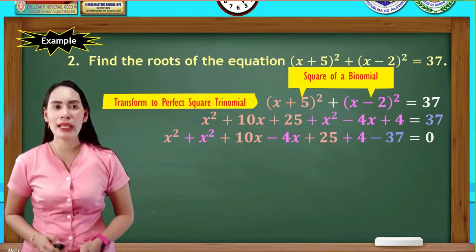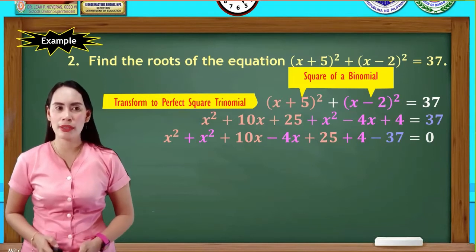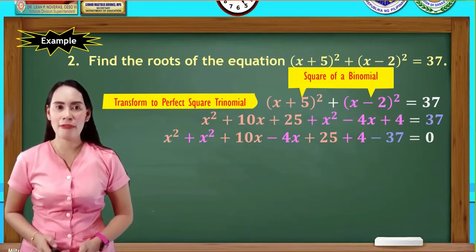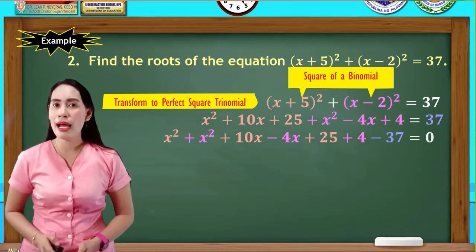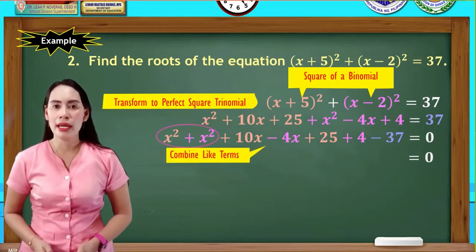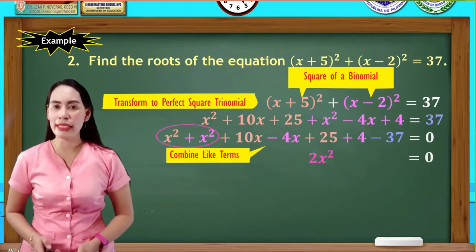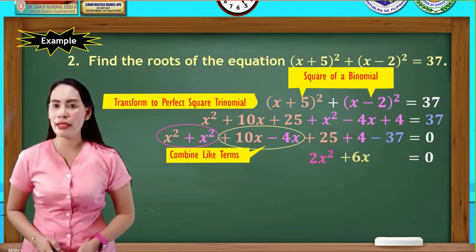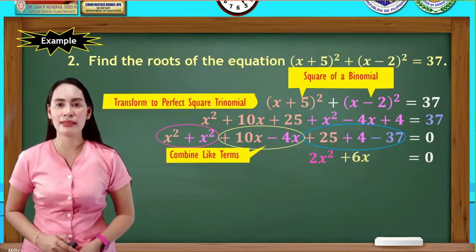37 to the left side of the equation. So, it becomes negative 37. This can make the equation equal to 0. Then combine like terms. X squared plus x squared equals 2x squared. Next, 10x minus 4x equals positive 6x.